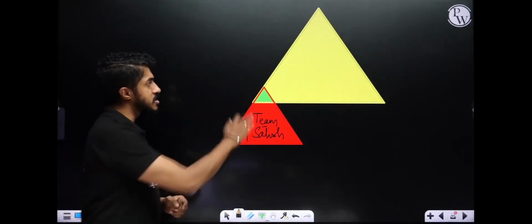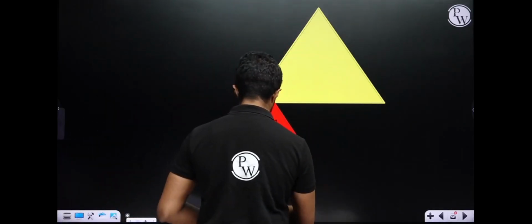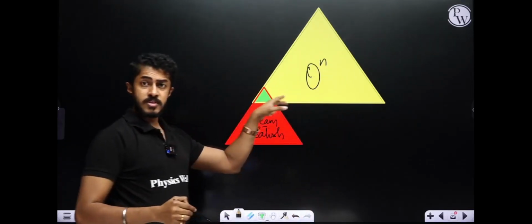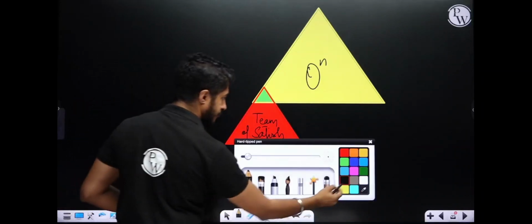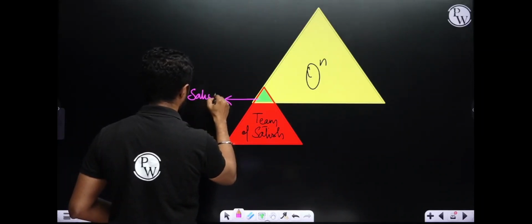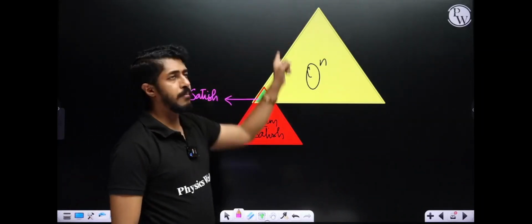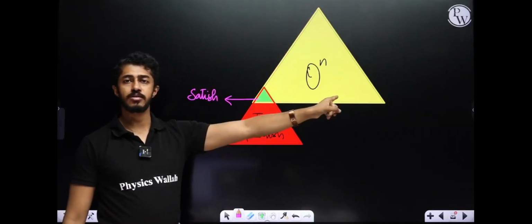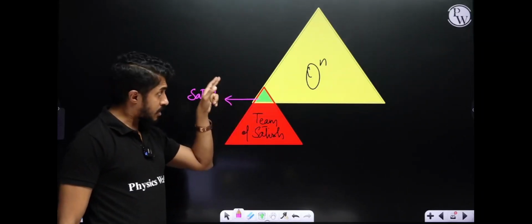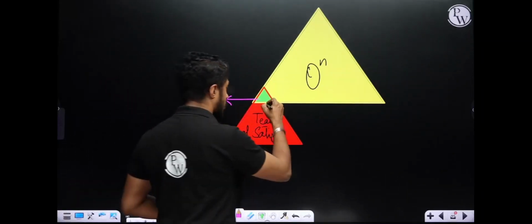And Satish is a member of the larger organization. Satish is the superior here, but a member in this organization. So Satish will know what he has to do for this team. Satish also knows what is his contribution.